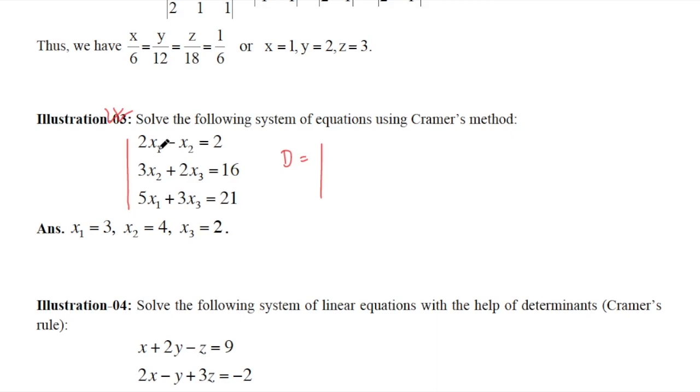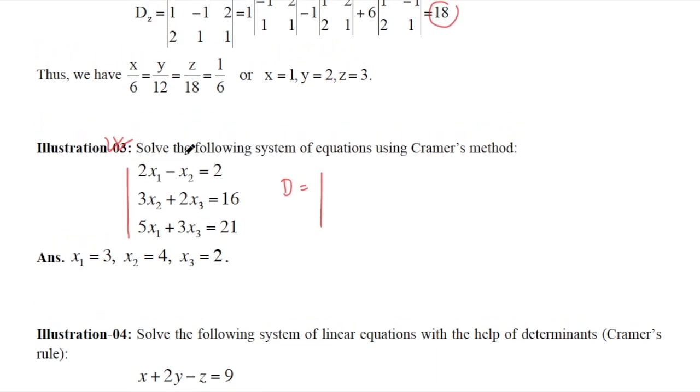But in the first equation you see x3 is absent, which indicates that the coefficient of x3 will be 0, because the first equation we can write as 2x1 minus x2 plus 0 into x3, which is equal to 2. So the first row will be 2 minus 1, 0.